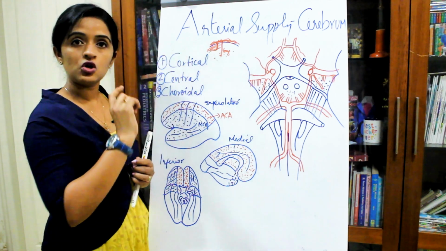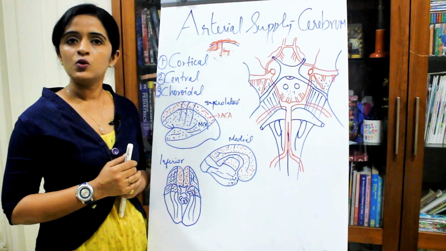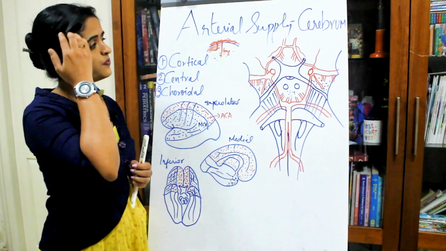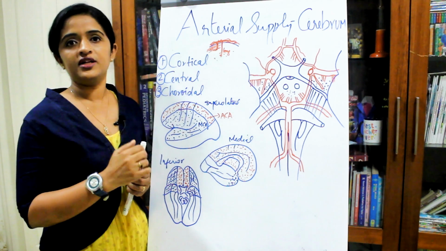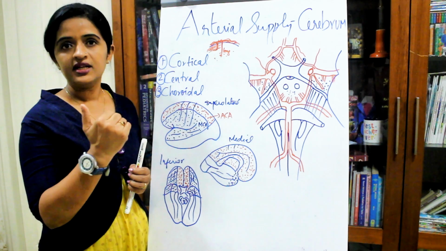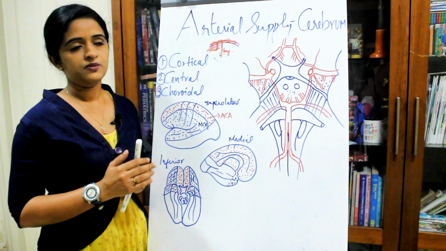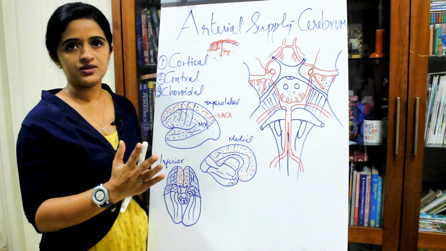One set is known as short arteries since they supply only the outer cerebral cortex, whereas the other set is known as long cortical branches because they travel further away until they supply the outer aspect of the white matter of the cerebrum. So that is one pattern of branches.